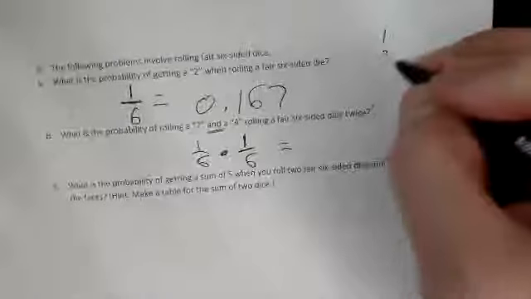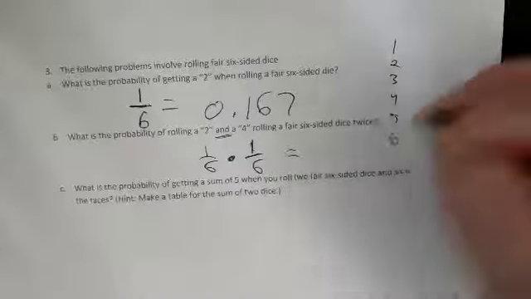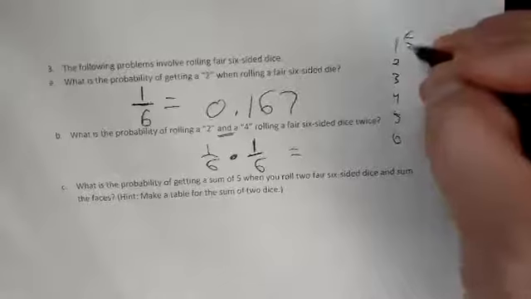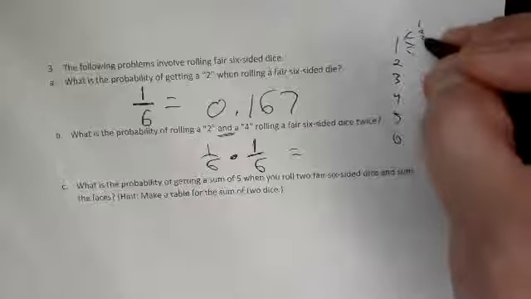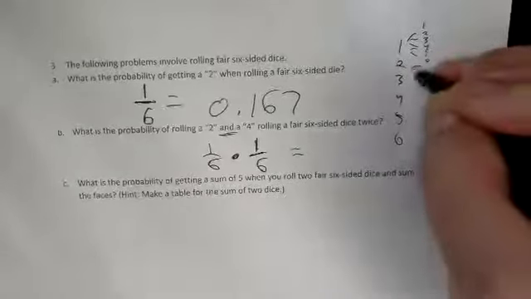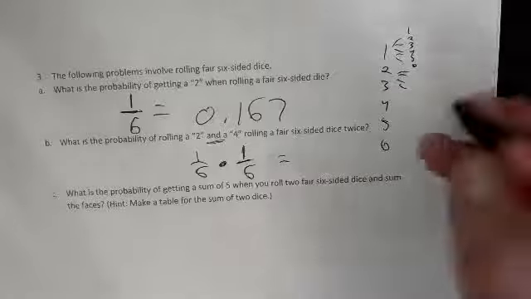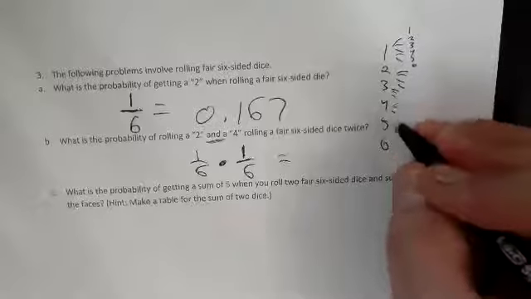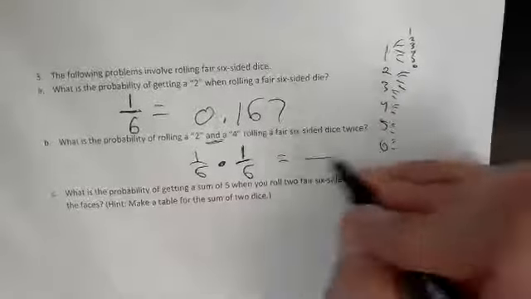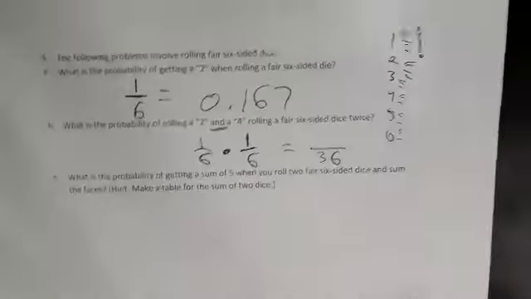And if you want to do your tree with this, I guess you could: 1, 2, 3, 4, 5, 6. And then you'd have 6 different things coming off of each one of these. I didn't leave myself enough room, but there's 6 coming off of each one of these numbers, right? I'm going to have 6 by 6, so 36 different options.